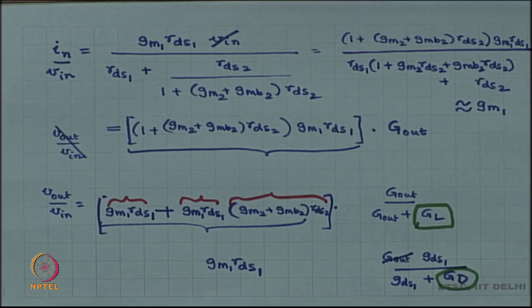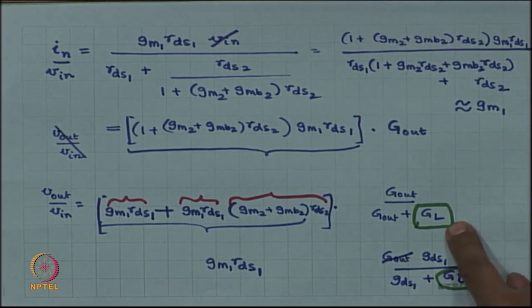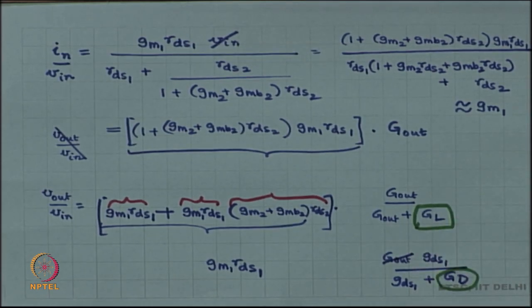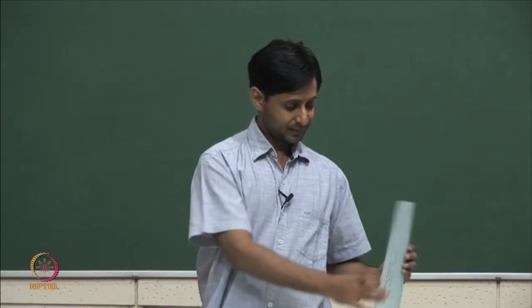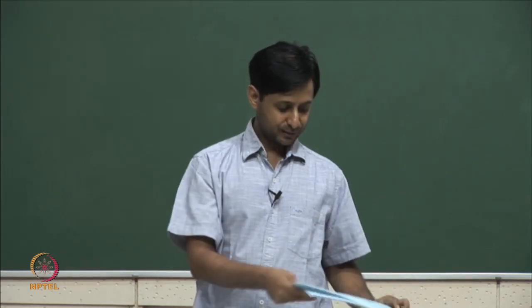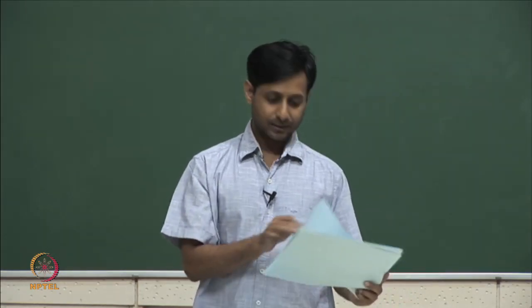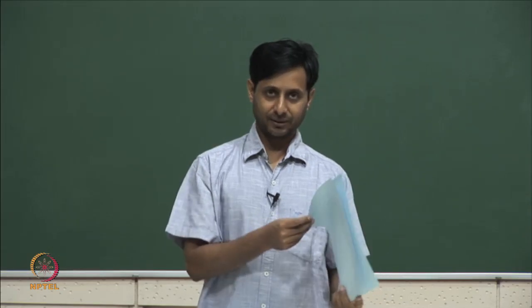So the same problem is cropping up over here. How are you going to make this high resistance? What we are going to do is take a break from the study of these multi-transistor amplifiers. We have a problem.